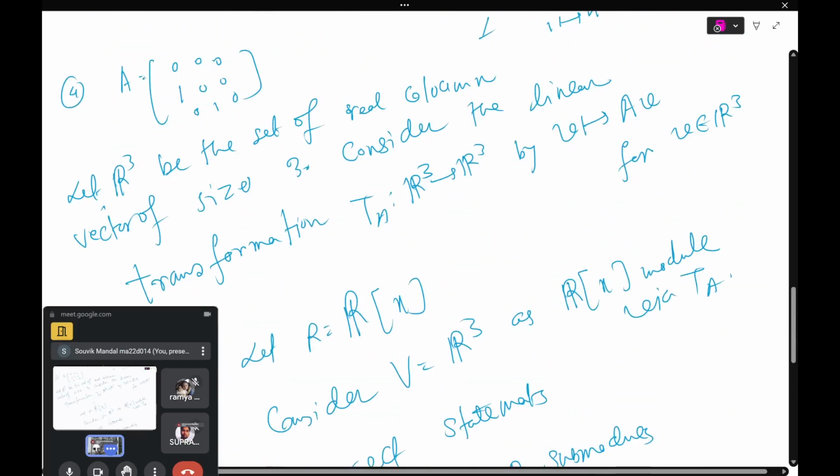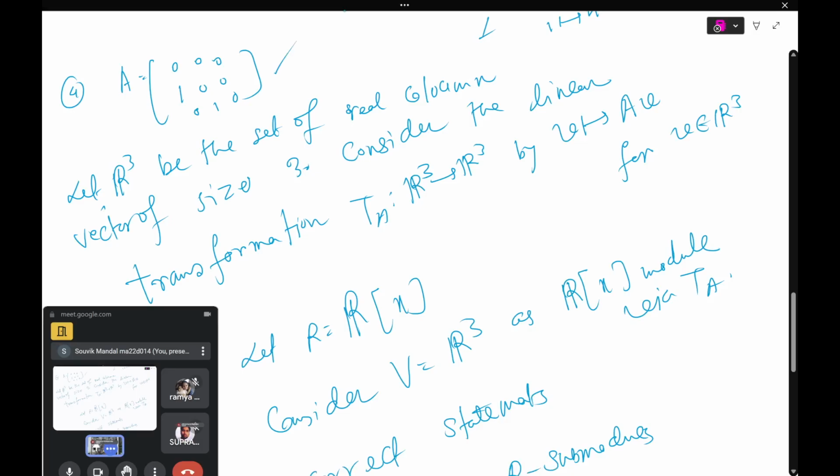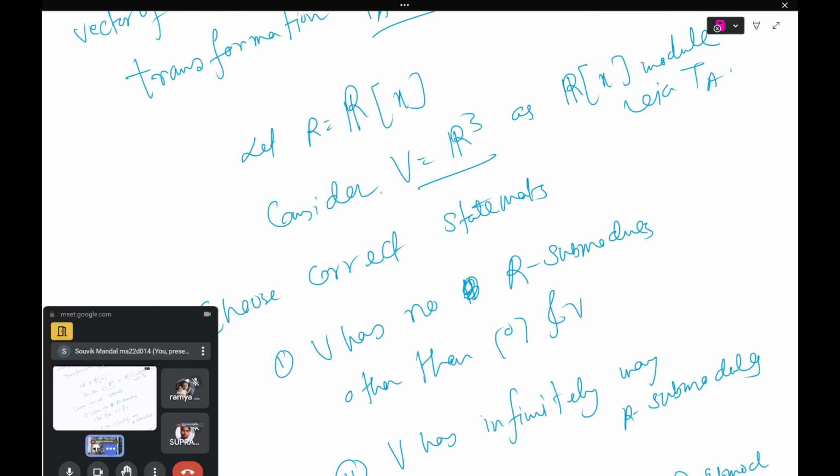It's given that we have some matrices, and R3 is the space of column vectors. Then we have considered a linear transformation, v goes to Av. Now we define the action of small r in R[x] on V equal to R3, and consider R3 as an R[x]-module via T_A.